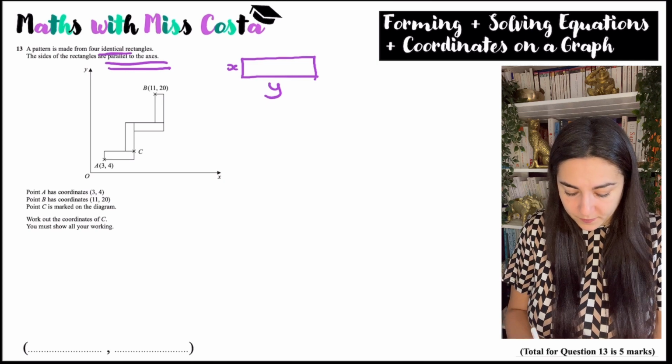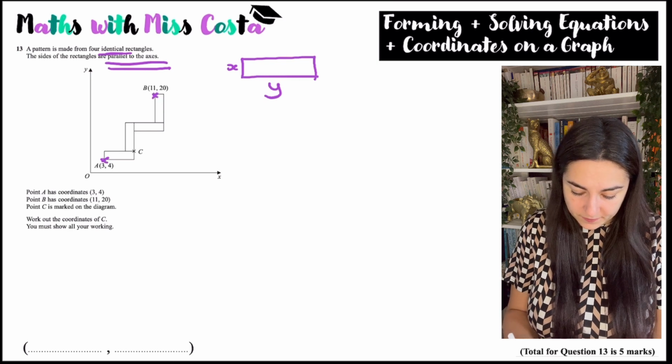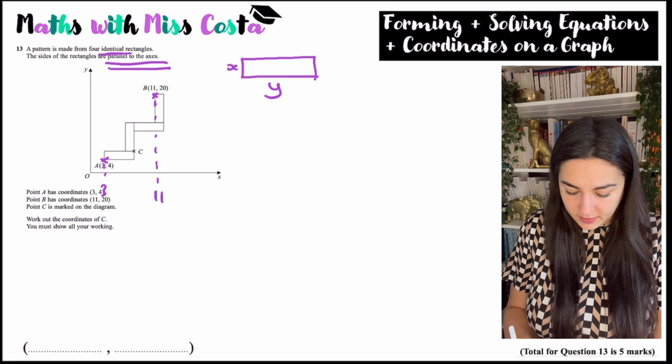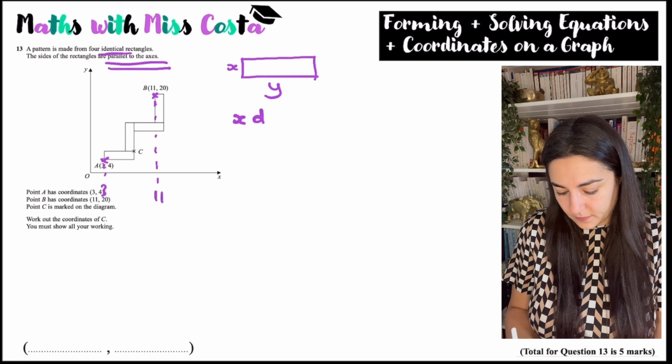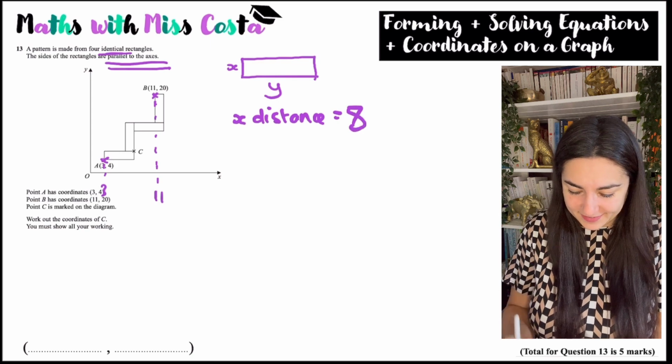So to get from point A to point B, this value here is 11, this value here is 3. So the x distance between the points is, no, 8. 11 take away 3 is 8.